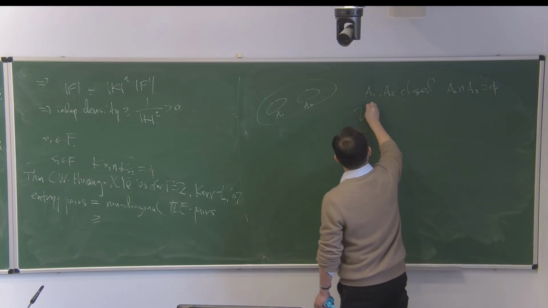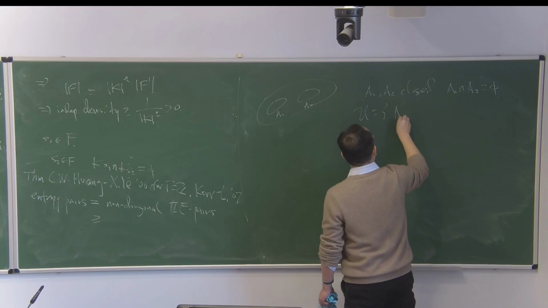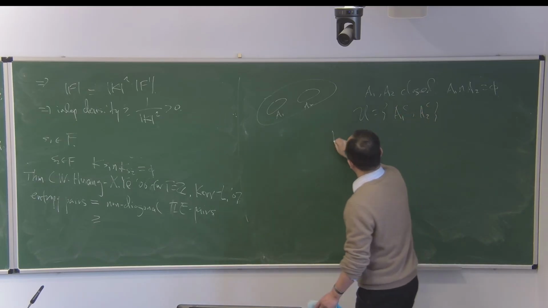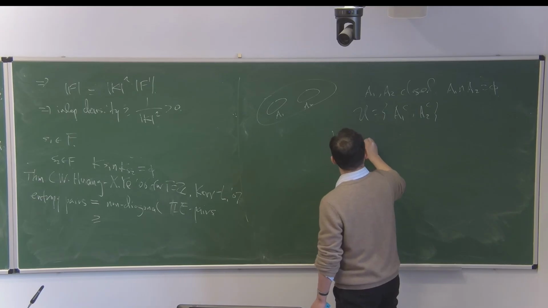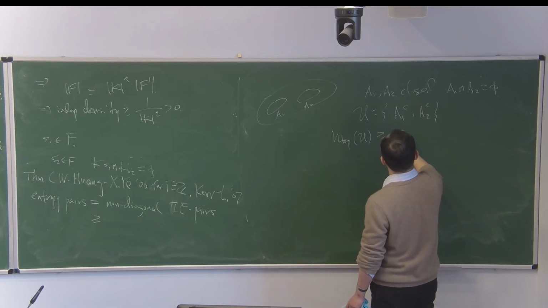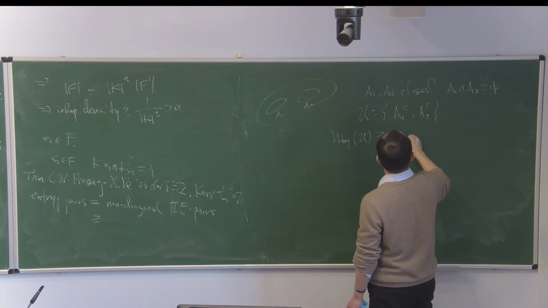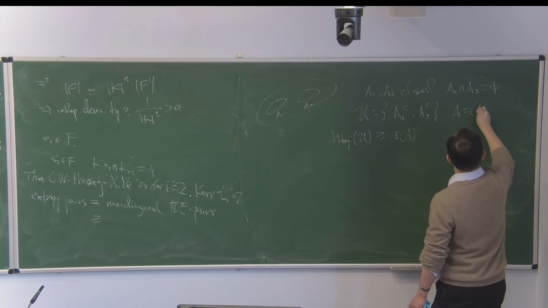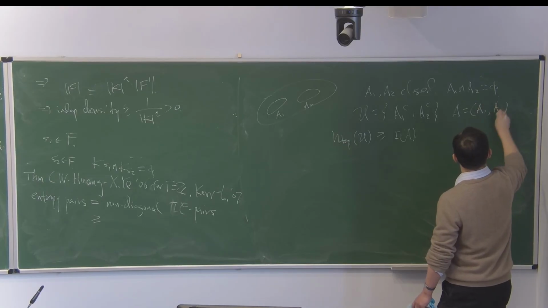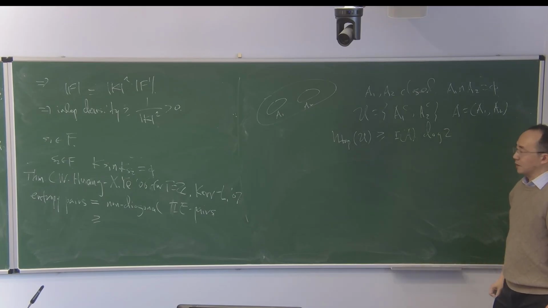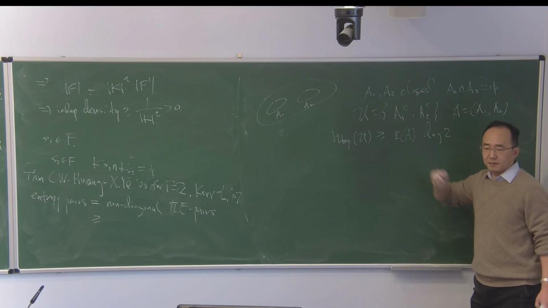And we're looking at the open cover consisting of the complements of them. In this case, one can easily show that the topological entropy here will be at least the independence density for A, where A is just this pair of closed sets, times the logarithm of 2. So if this is positive, you get that this is positive.